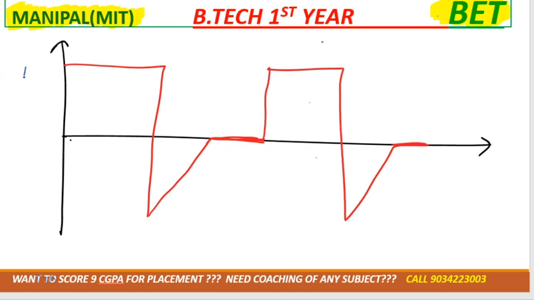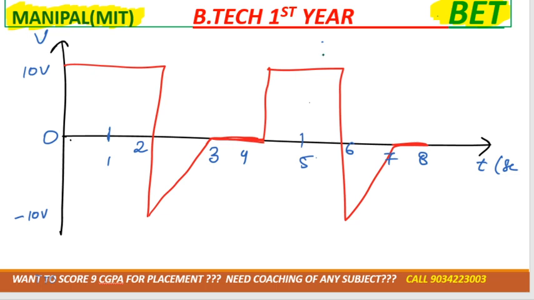Now suppose this is 10 volt, this is minus 10 volt, and this is 0, 1, 2, 3, 4, 5, 6, 7, 8. This is time in seconds, this is voltage. Here they can give anything.